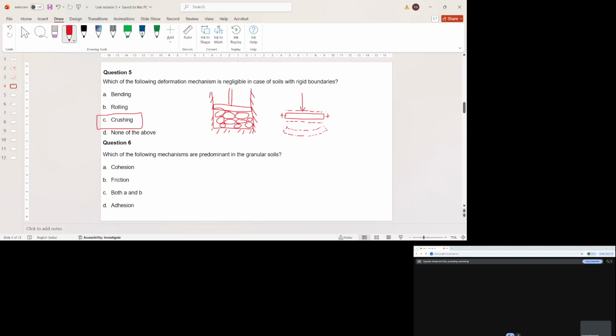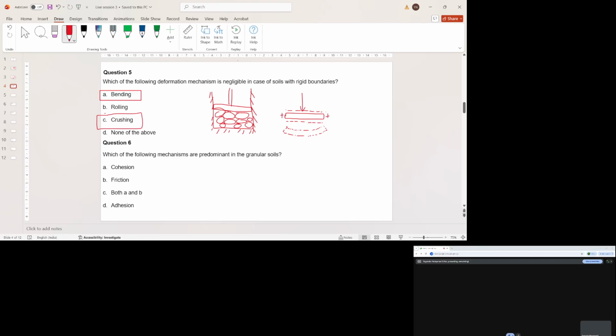So in a specimen of clay soil, when the same load is applied, the predominant deformation mechanism is bending. So this is also a predominant mechanism.